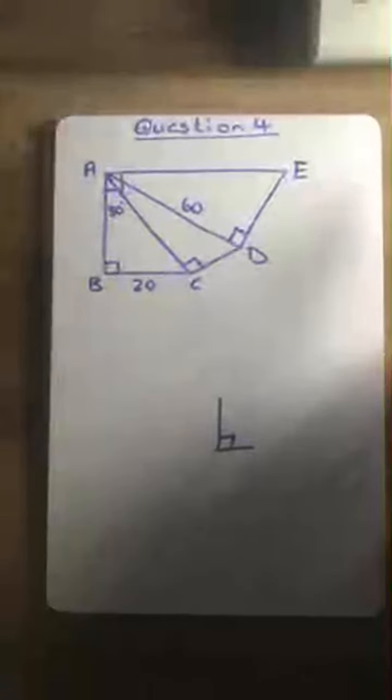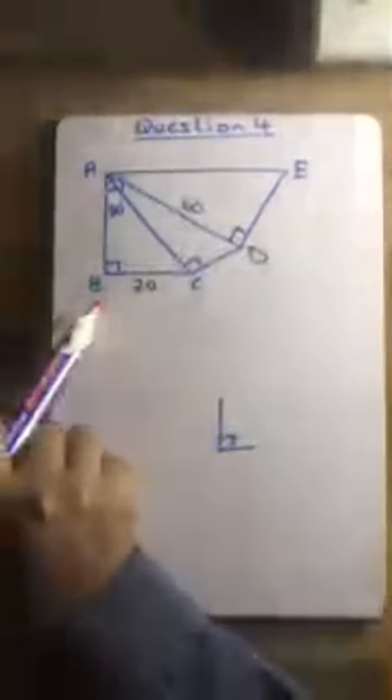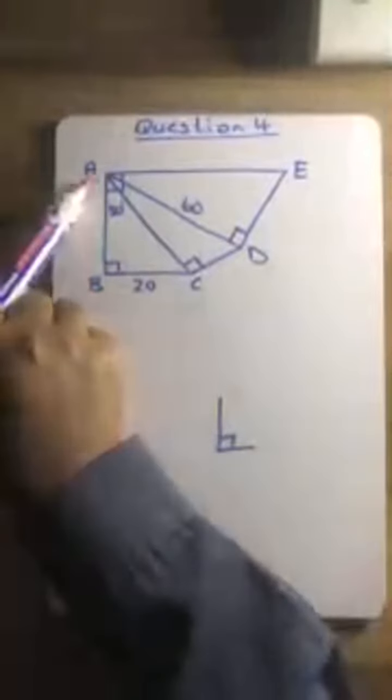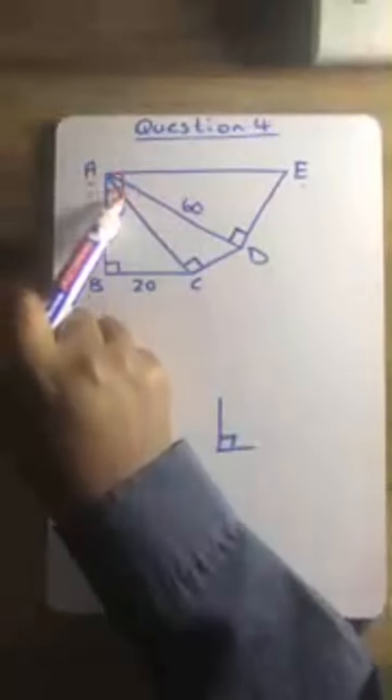But I think what I initially indicated was that in triangle BAE, angle A is the one that is 90 degrees.